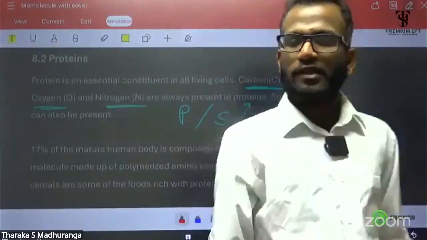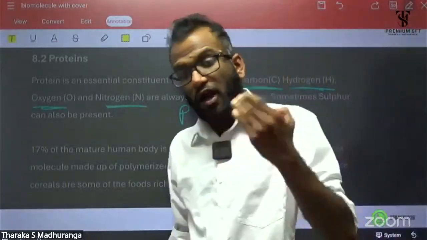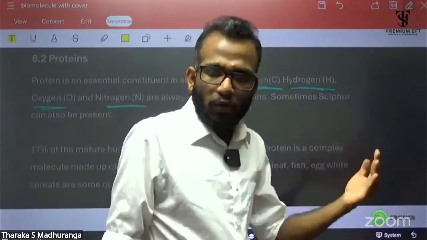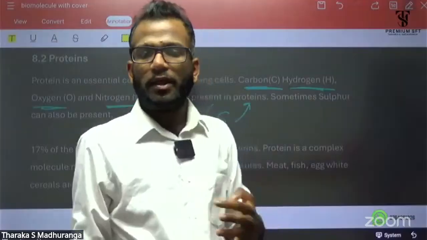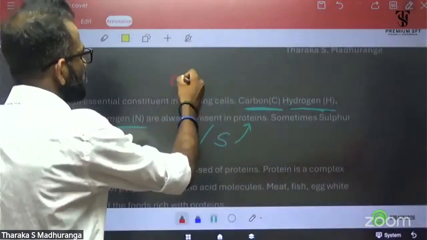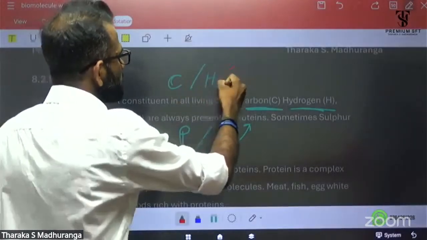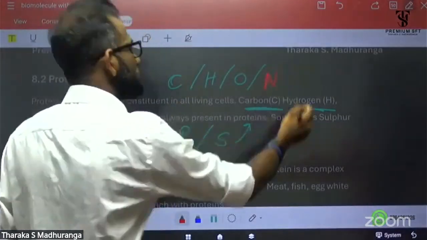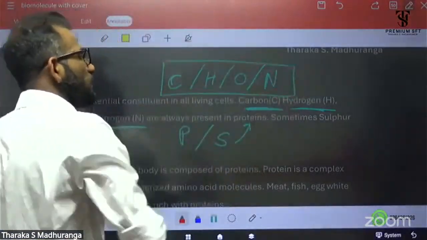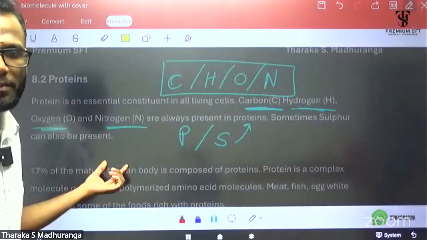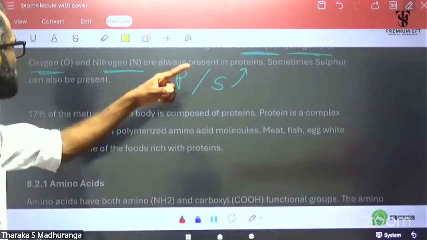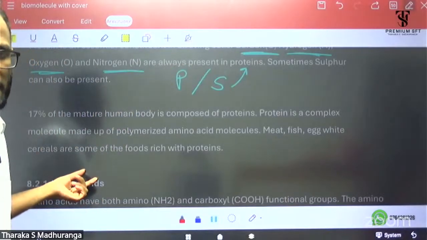The main molecules that make proteins are carbon, hydrogen, oxygen, and nitrogen.